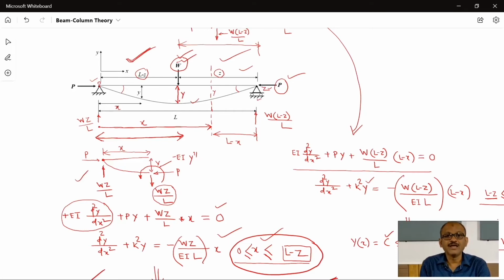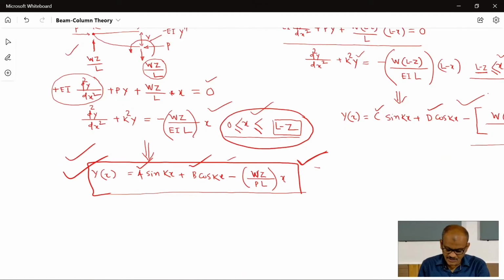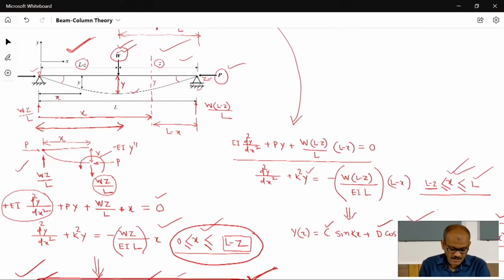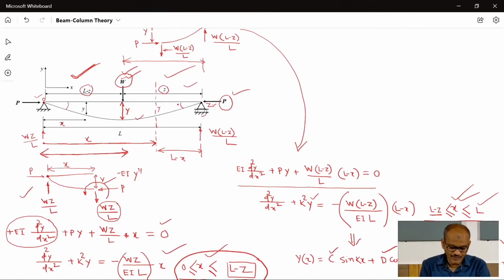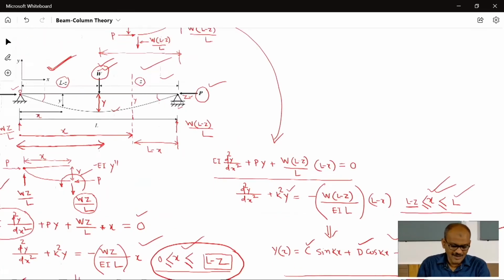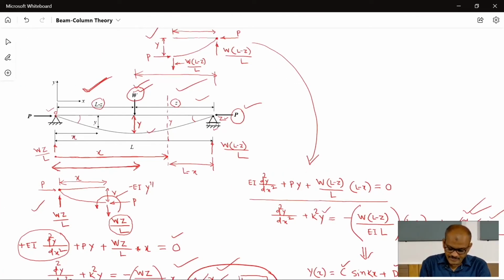So if we need to find the y value at L minus z, this equation will be satisfied. And for finding the y value, if we use this equation, which is valid for x greater than or equal to L minus z and less than or equal to L, then also you will get the same value.